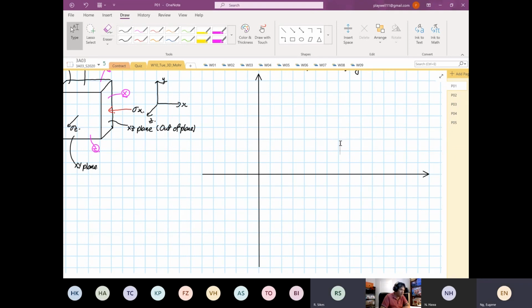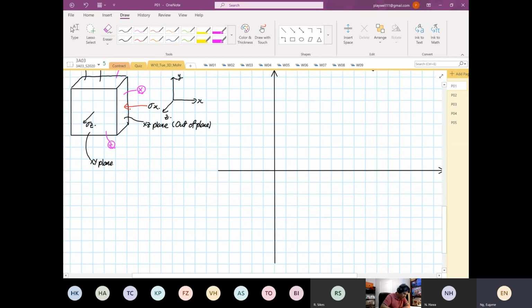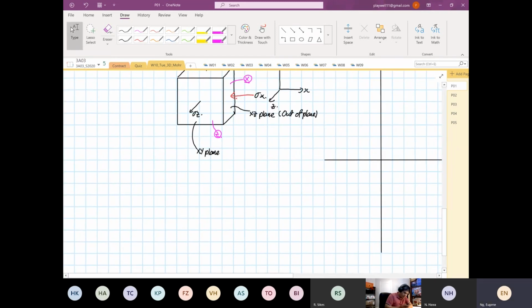What it means is that the in plane is the surface of the element that has the biggest surface area. I've been through this with you guys, right? If I recap, if this is our element, this becomes our in plane, and the rest become our out of plane.